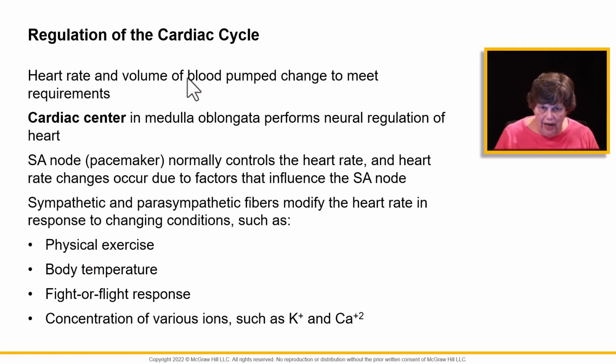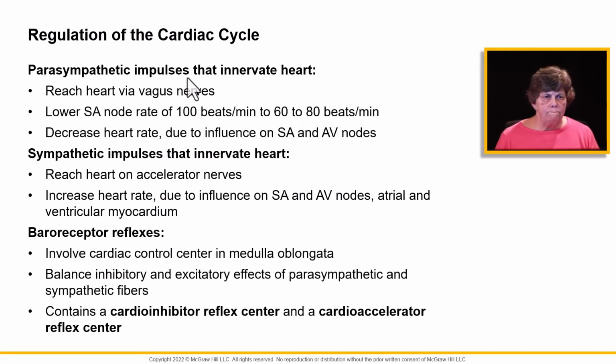It has a genetic rhythm to it. And the heart rate changes when there are certain factors that influence that SA node. All right, it can be physical exercise, it can be body temperature, it can be fight or flight, epinephrine, concentrations of potassium, calcium, those sort of things. So a lot of things come into play there.